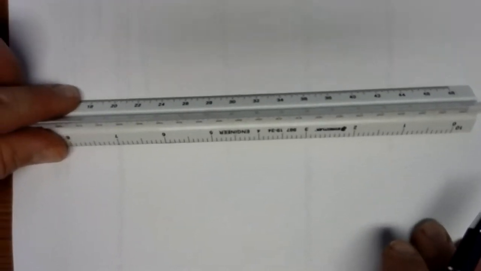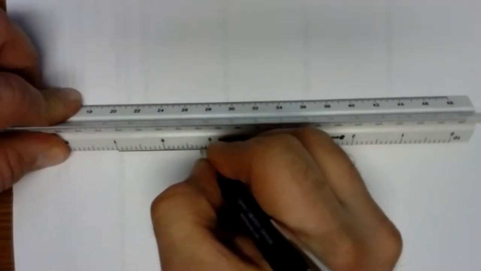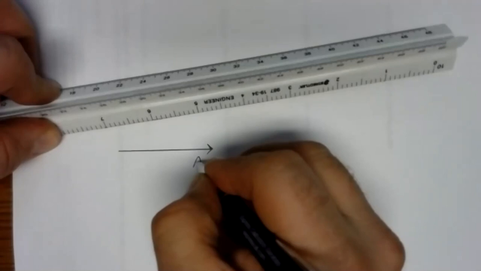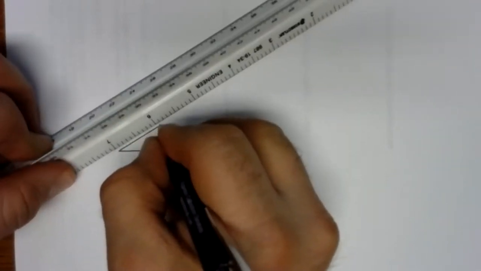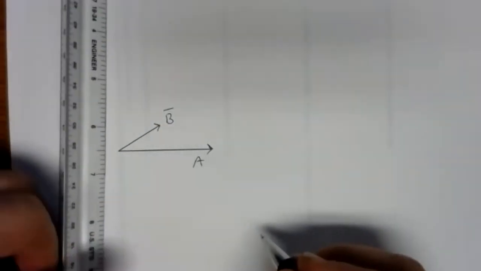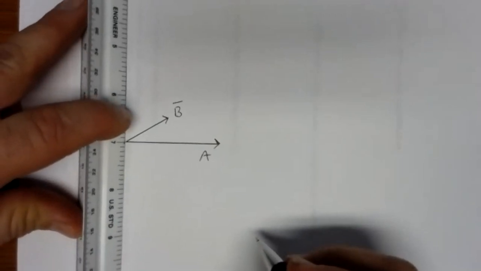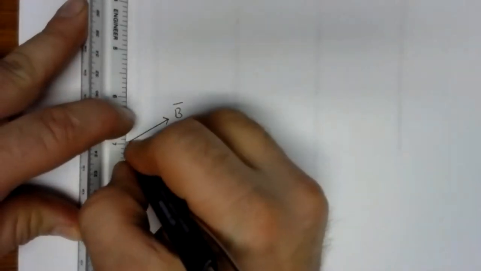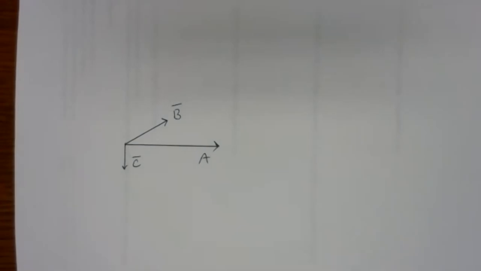Let's make vector A there, vector B there, and maybe vector C. So I've got these three vectors, vector A, B, and C.